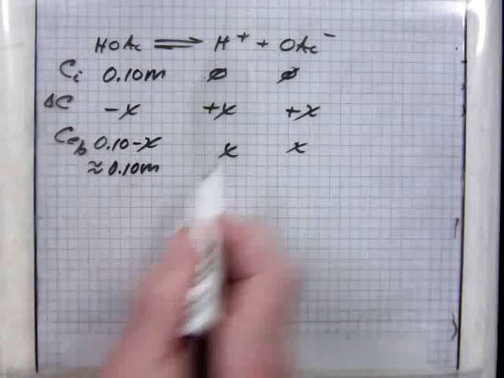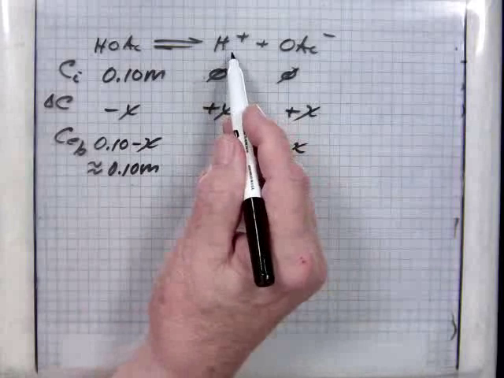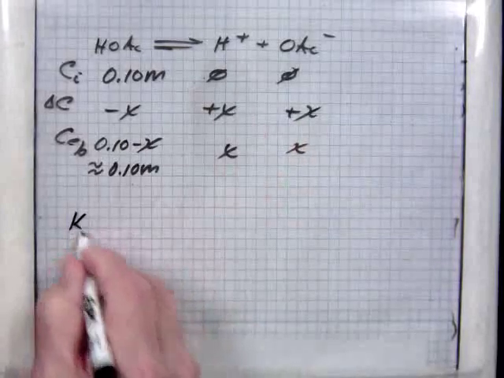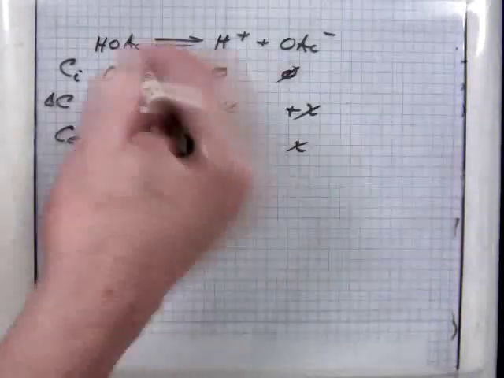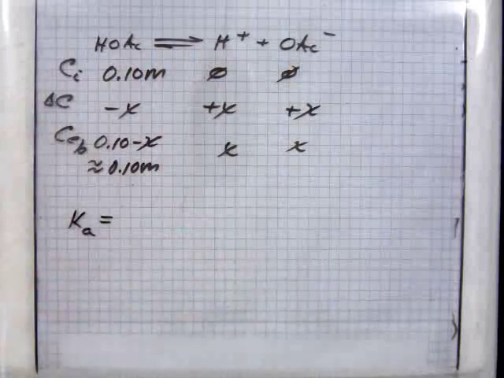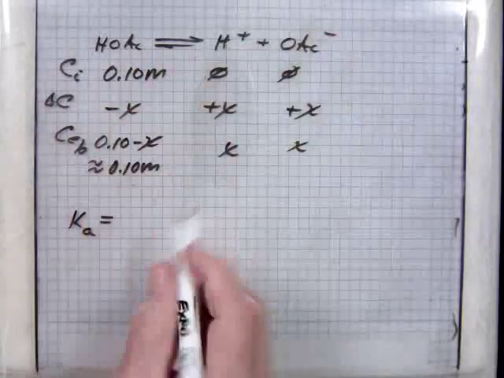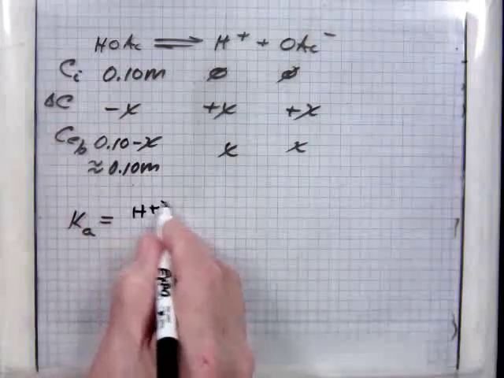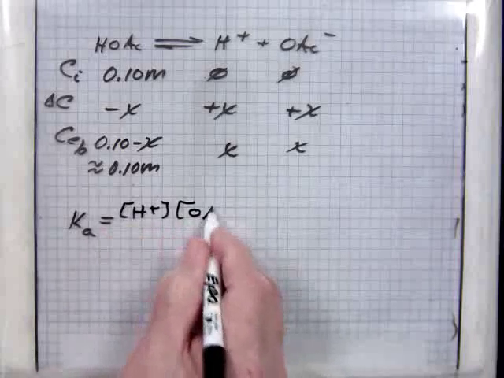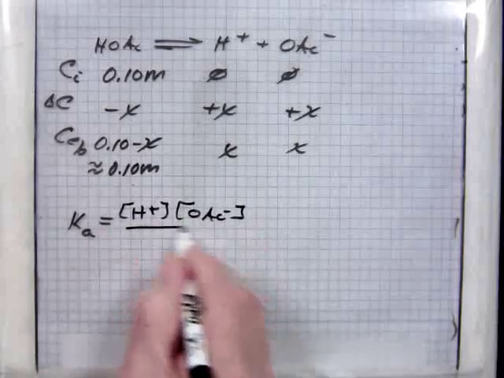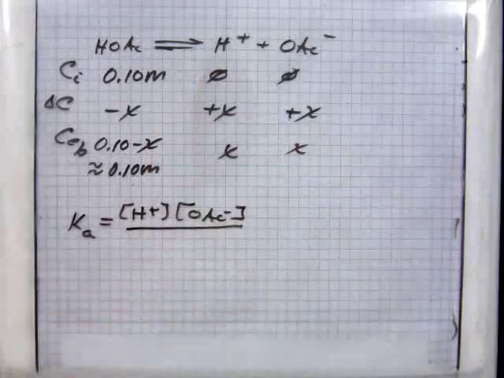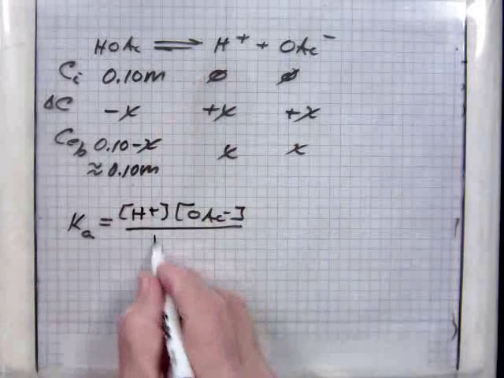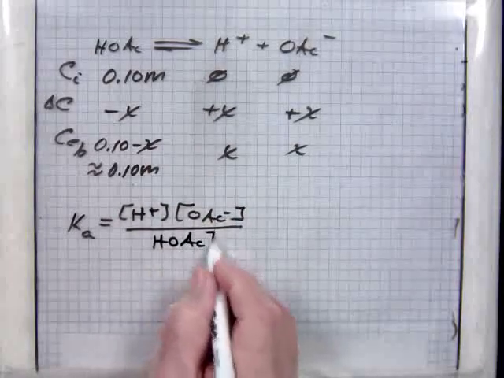So to determine the hydronium ion concentration, we'll use the Ka expression for this equation: the concentration of the products divided by the concentration of reactants raised to the coefficient powers. Well, everybody's 1, so it's hydronium ion times the acetate ion concentration divided by the HOAc concentration.